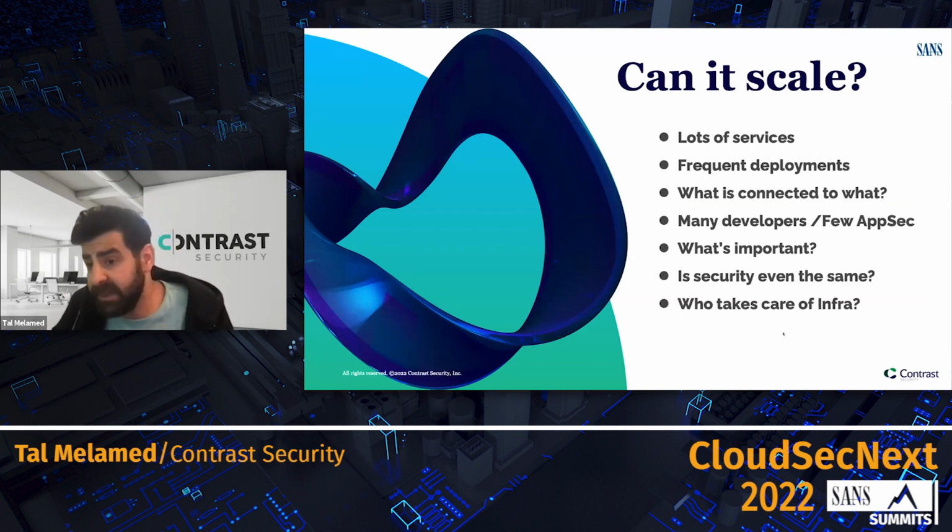And in many cases, they don't really even know if the security is the same, or if they can apply the same security techniques and mechanisms that they used before in their previous 20 years of experience. Should they apply the same techniques? And also, as we talked about, security for Lambda also contains infrastructure, because serverless is basically a mix of infrastructure and code.